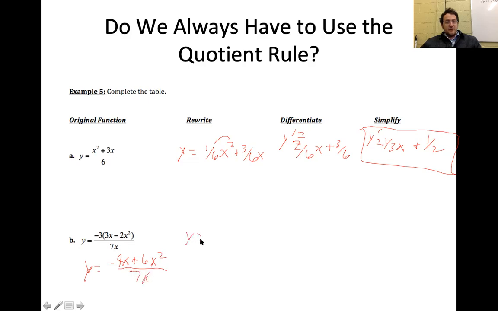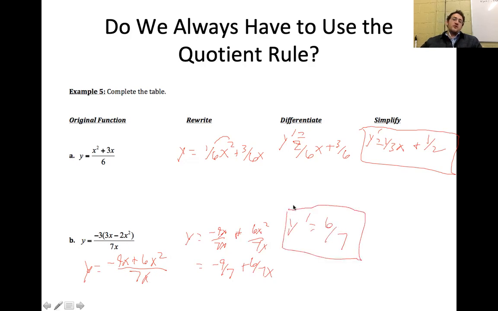I'm just going to rewrite this as negative 9x over 7x plus 6x squared over 7x. So this would just be negative 9/7 plus 6 over 7 x. And then when we differentiate that, we just get 6 over 7.